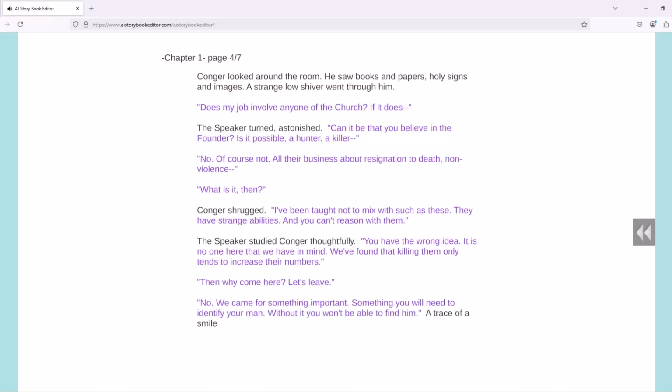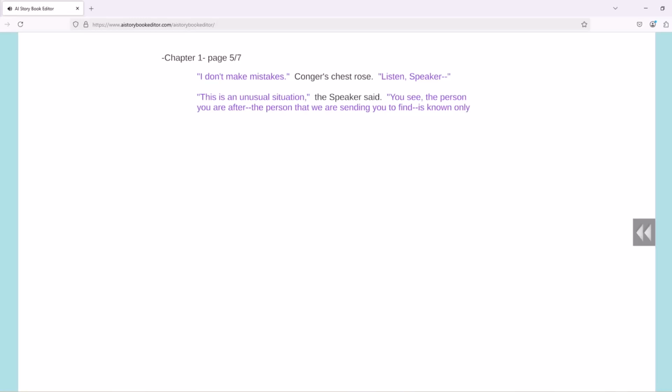A trace of a smile crossed the speaker's face. We don't want you to kill the wrong person. It's too important. I don't make mistakes. Conger's chest rose. Listen, Speaker. This is an unusual situation. The speaker said, You see, the person you are after, the person that we are sending you to find, is known only by certain objects here. They are the only traces, the only means of identification.